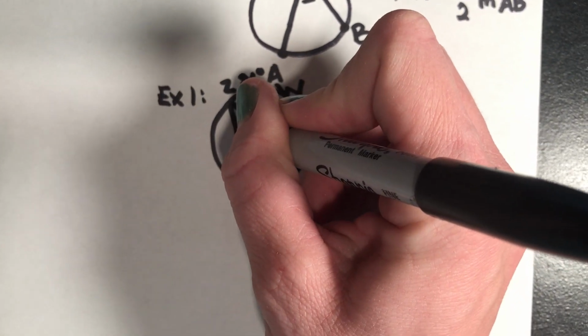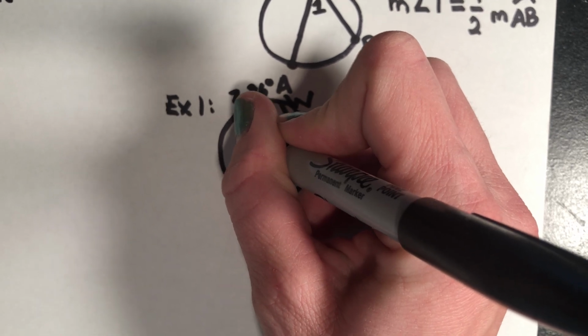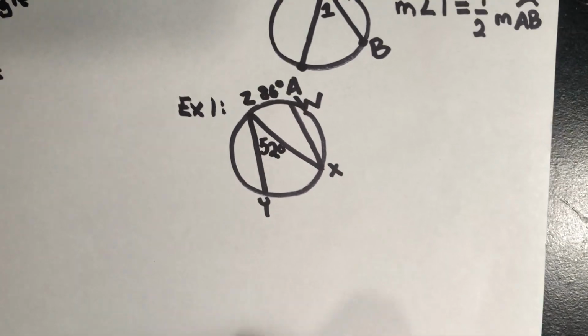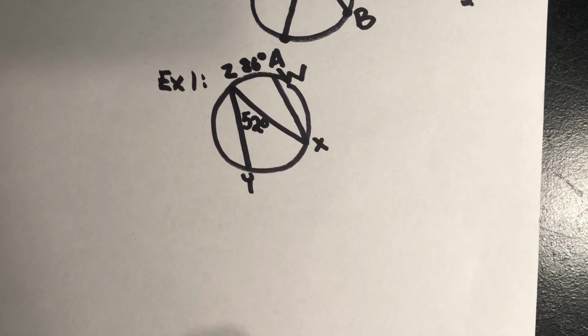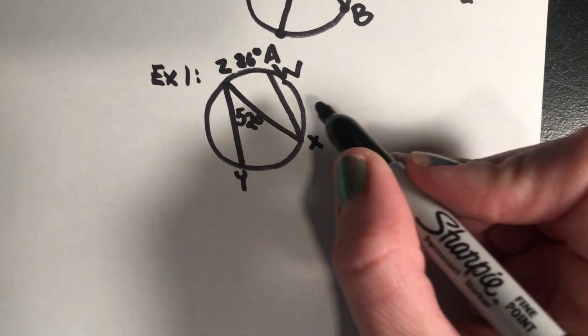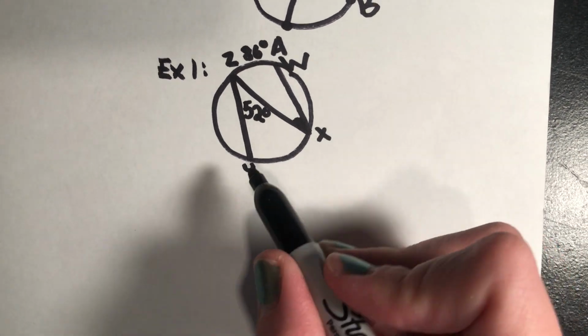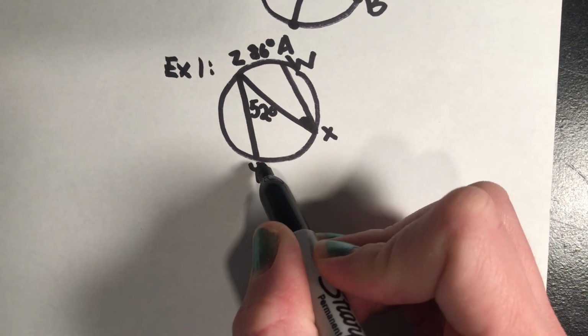The inscribed angle is 52 degrees. We want to know the measure of angle X right here, and we want to know the measure of the arc YX.